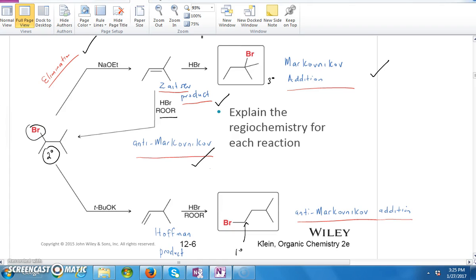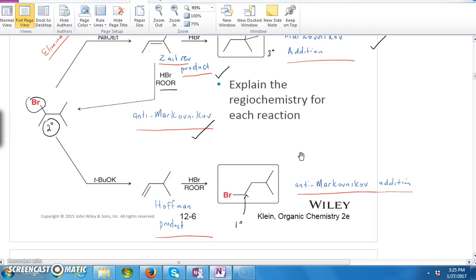Because it's primary, you want to get the less substituted or terminal alkene, so you need a bulky base for that. You need a bulky base, so you get the Hofmann product. And once you get the Hofmann product, you can do an anti-Markovnikov addition of HBr to give your primary alkyl bromide.